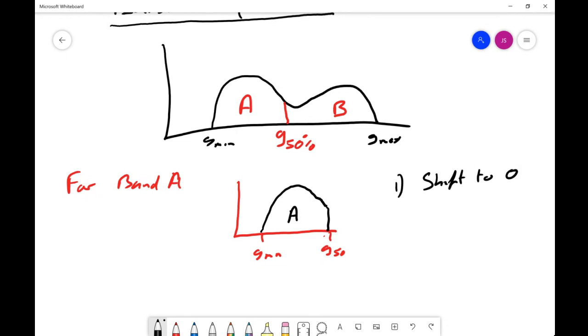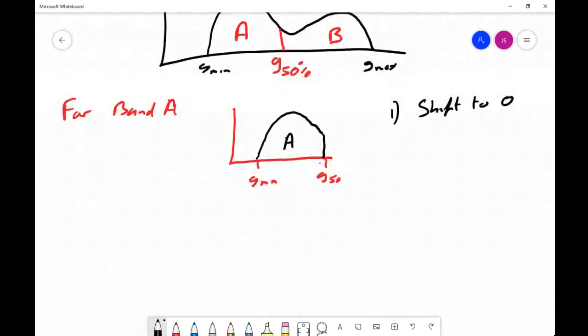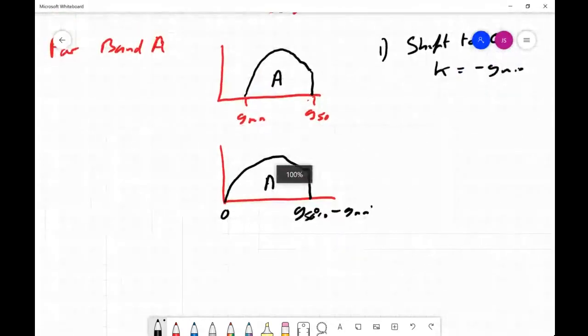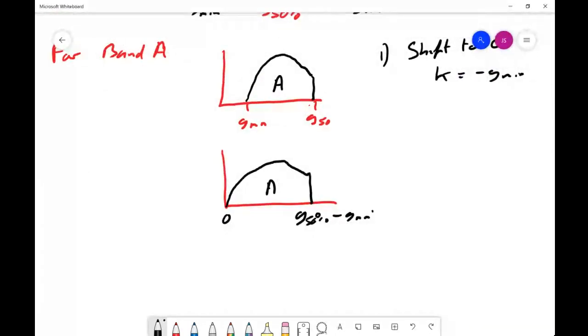Let's do the shift as one step. The K, of course, is going to be minus G min. We are now going to get band A going from 0 to G 50% minus G min. Effectively, we're normalizing within the band.